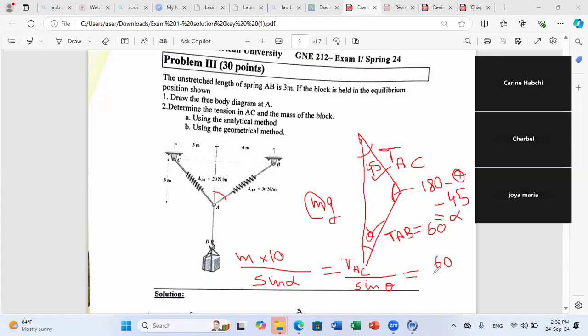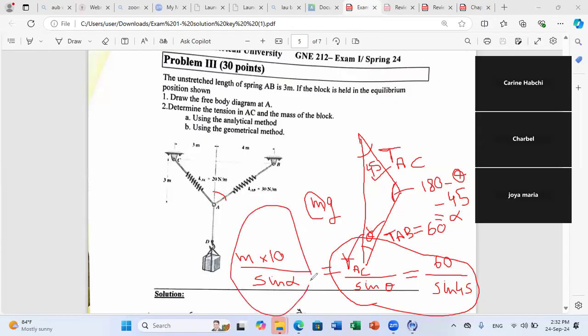So now all you have to do is first to apply between these two terms. If you take these two terms, theta is known, TAC is unknown, you get TAC. Then if you take the term equal to 60 over sine 45, you will get m. And these are your two unknowns, m and TAC. You are done.